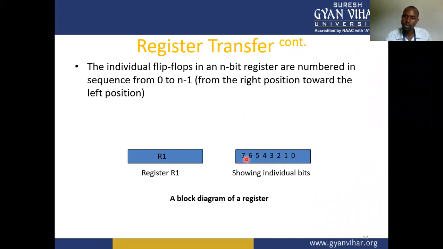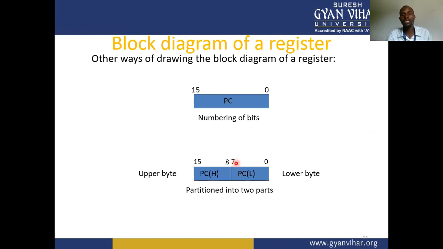So we don't start normal counting from 0 in ascending order from left to right. We start from 0 on the right-hand side, moving to the left. Also, we can represent this register as R1, which means register 1. So these are two different ways that we can represent a register. Got it?